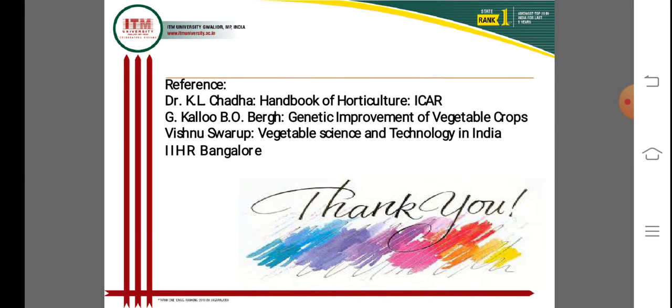For references, please go to the reading materials: the handbook of horticulture, and other books on genetic improvement and breeding programs, such as the books of G. Kalloo on genetic improvement of vegetable crops, and Vishnu Swarup's book on vegetable science and technology in India.